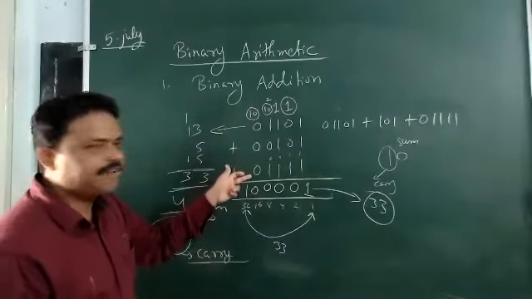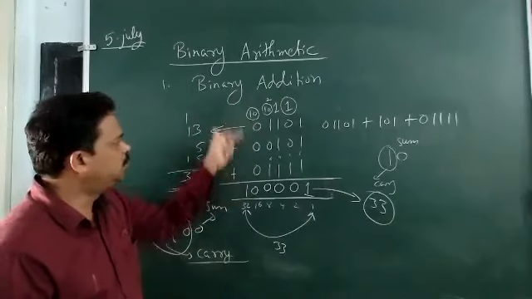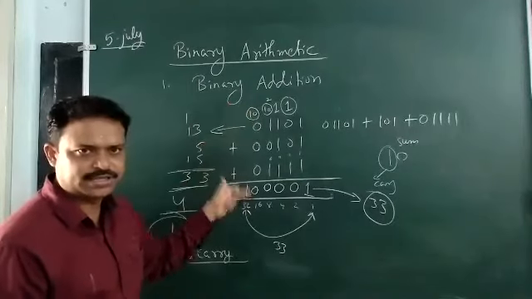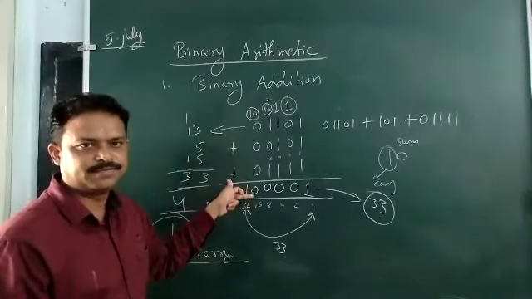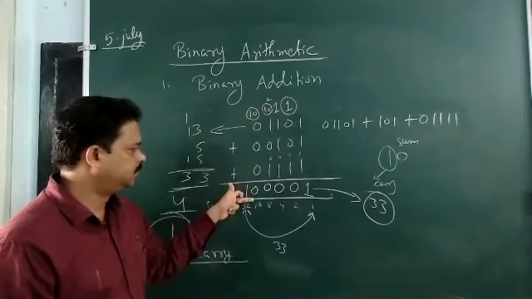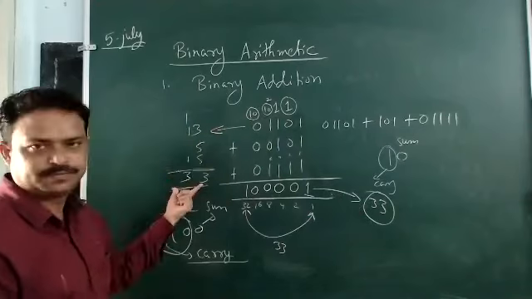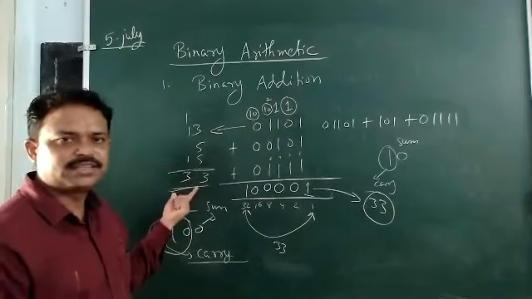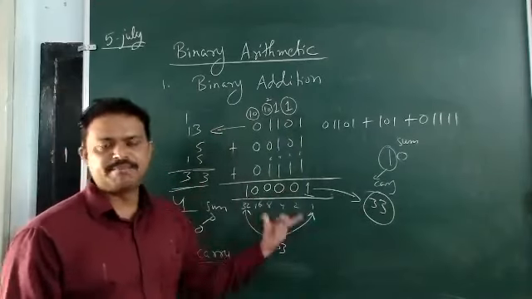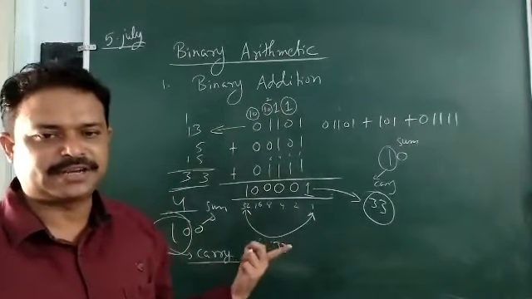Here I do not have any further carry, so the carry will come as it is. This value is nothing but 33. You can check in this way also. I am getting 33, which means the binary addition is correct.